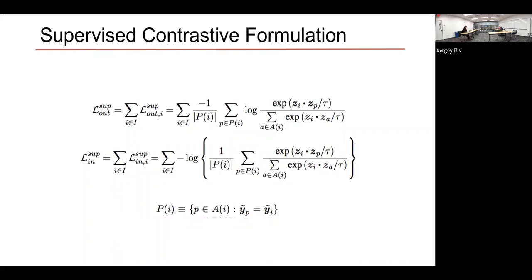A belongs to, let's see, A belongs to everything except the sample I. So it's everything, that's my point. I thought you said the opposite. Yeah, that's why I was wondering, because you still have the problem of finding good ones.